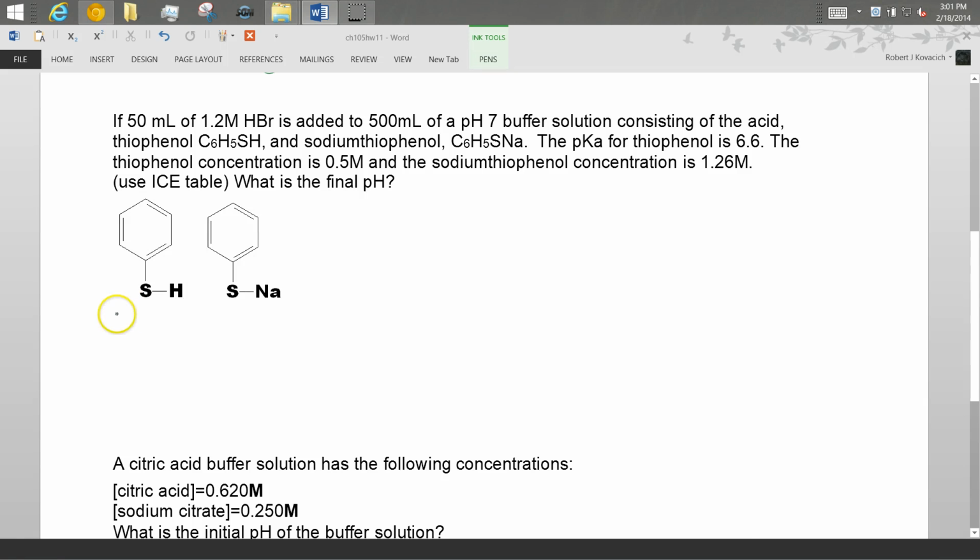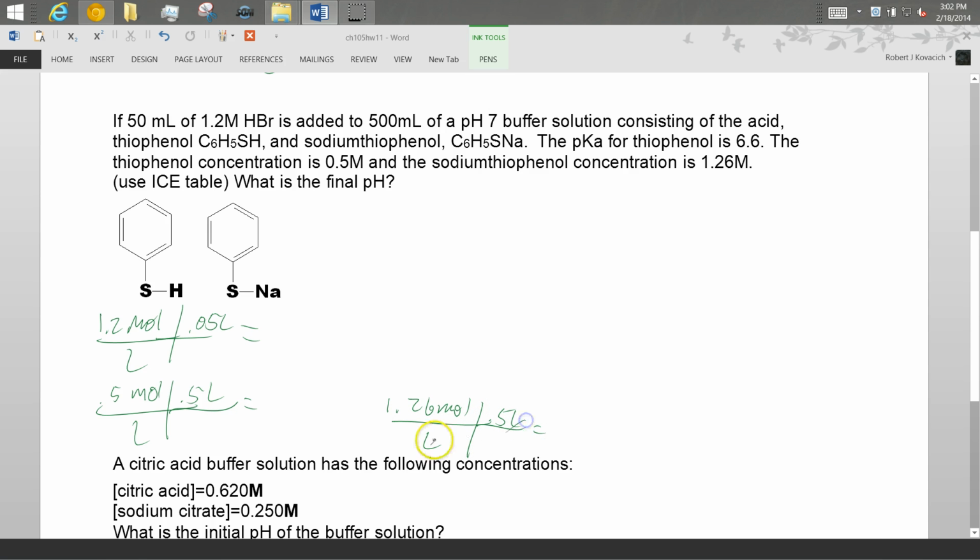So 0.12 moles per liter and 0.05 liters, and I've got 0.5 moles per liter and 0.5 liters, and I've got 1.26 moles per liter and 500 milliliters. So 0.25 moles of the acid, and then what do I get here?